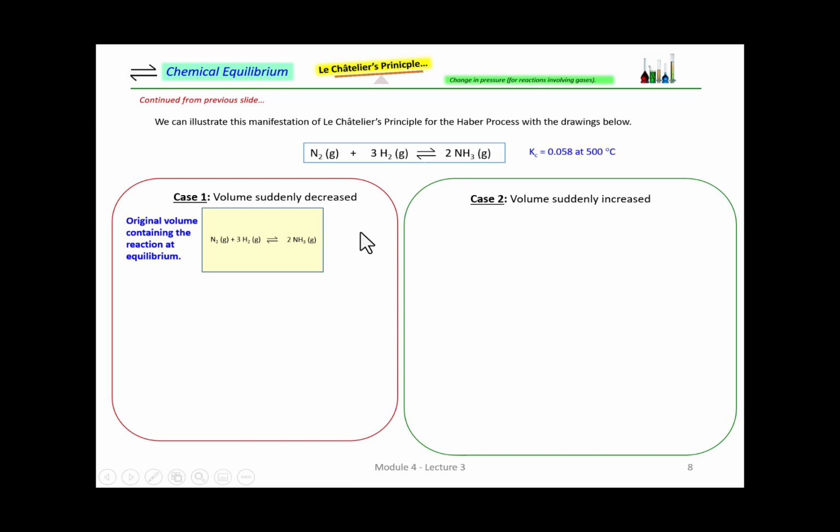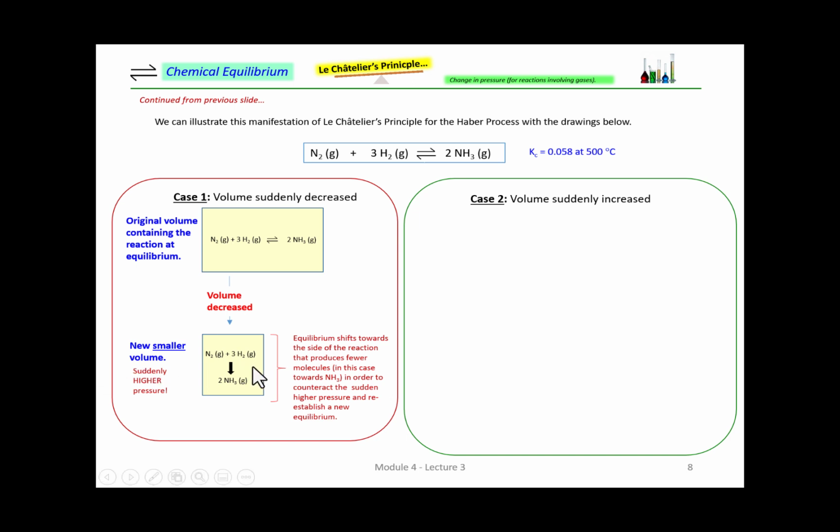And now we're going to shrink the volume of the container, and we have a smaller volume. If we do that in a sudden way, the pressure is suddenly going to go up. Well, the system is going to respond by shifting in the direction that produces fewer molecules. So it will cause the reaction to shift towards products. That's the side that produces fewer molecules in order to counteract the suddenly higher pressure that we imposed on it.